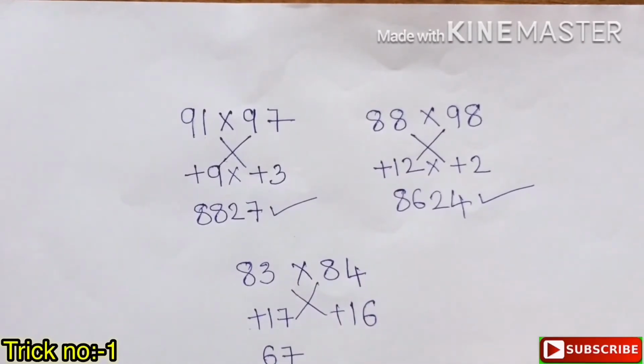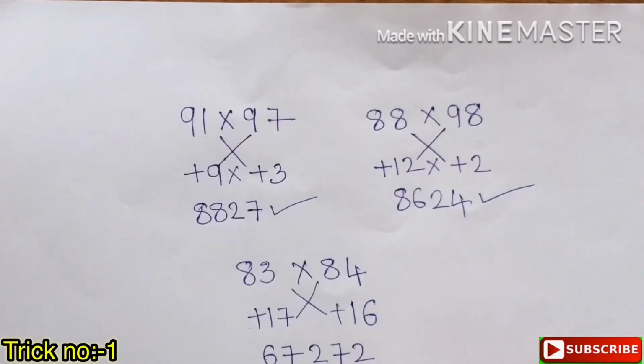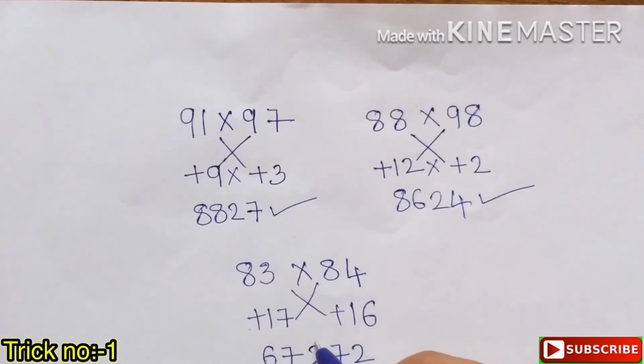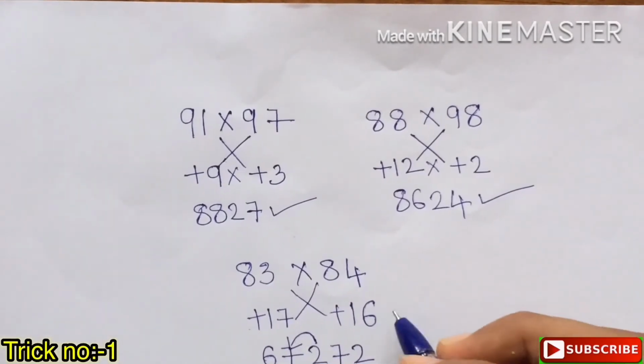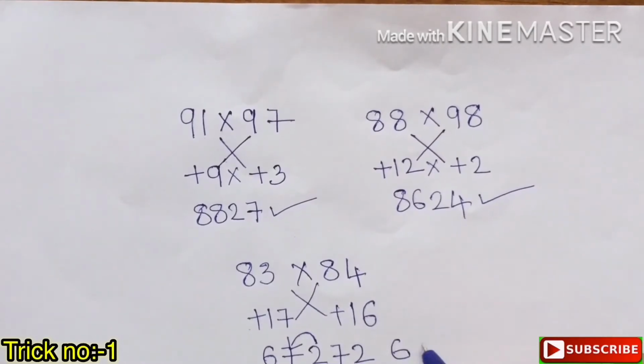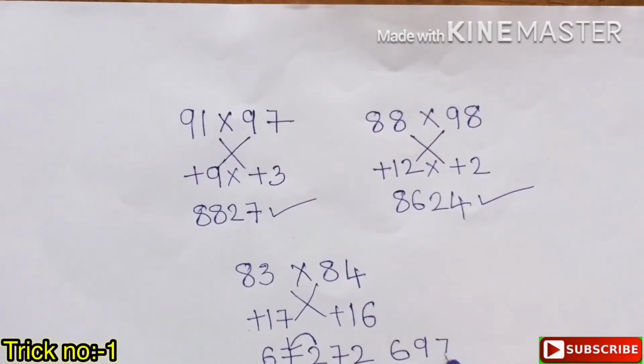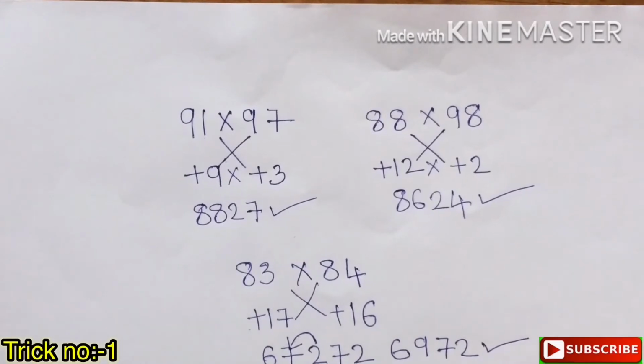And here 17 multiplied by 16 is 272. But remember friends, here exception case. Whenever we get 3 digits, then this first number should be carried to here. Then 7 plus 2 is 9, which is 6972. Yes, it is our answer.